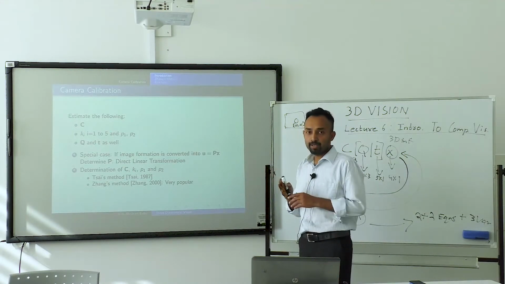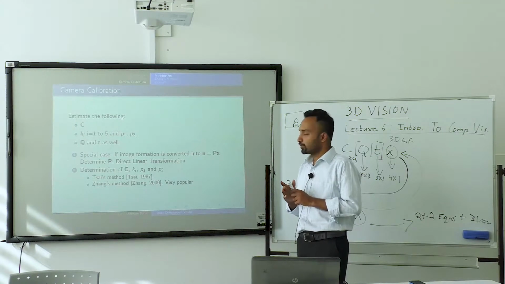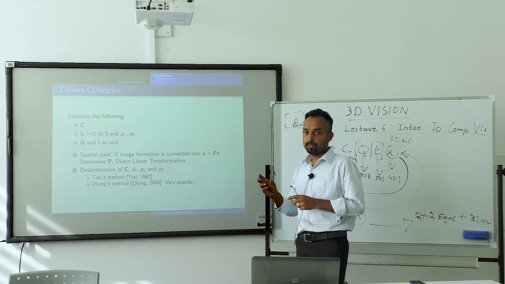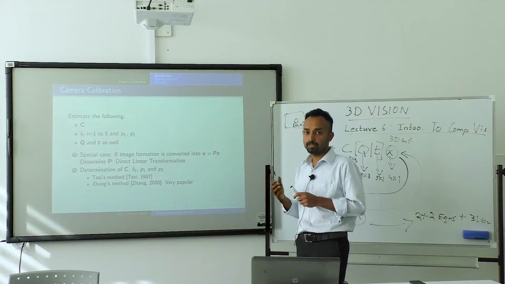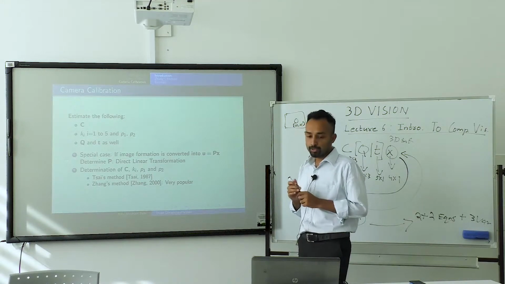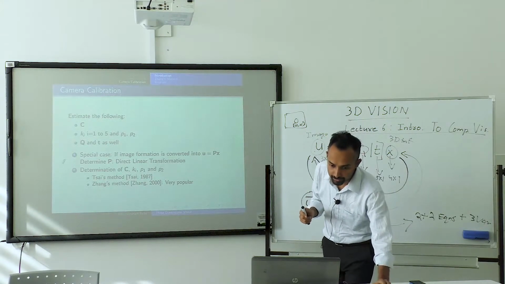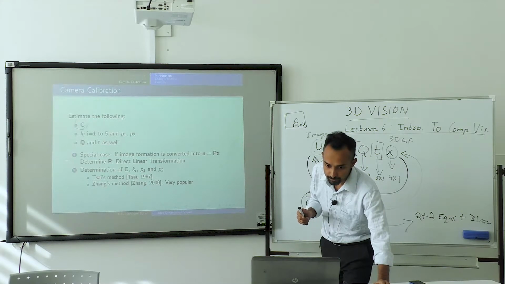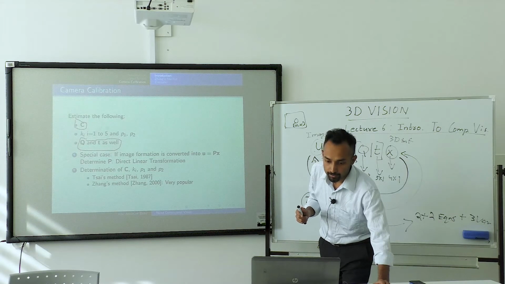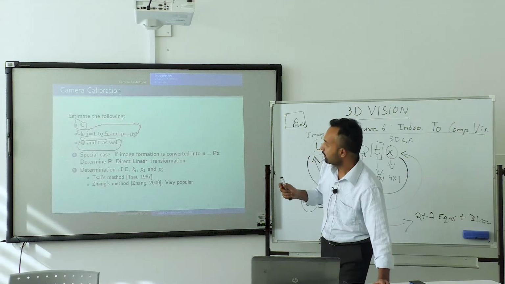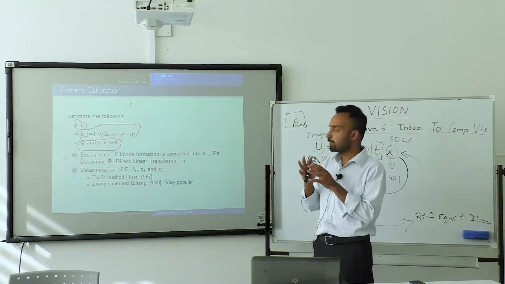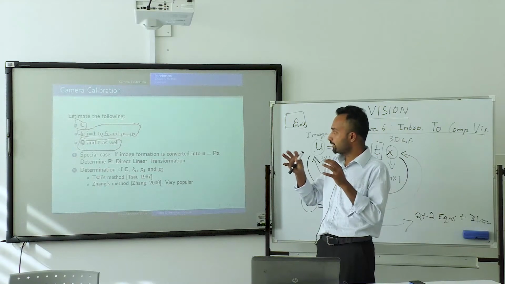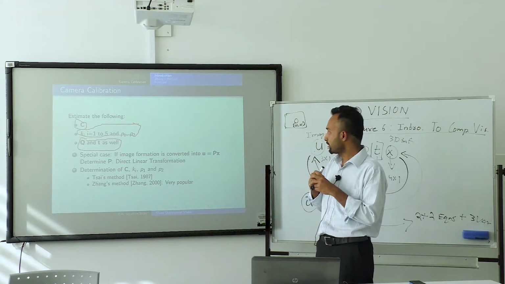So camera calibration is important now. For the rest of the session I will be discussing camera calibration. What you estimate is the matrix C of the camera, the distortion parameters, as well as the extrinsic parameters Q and T. These three sets of parameters will combinedly represent a particular camera and its configuration.